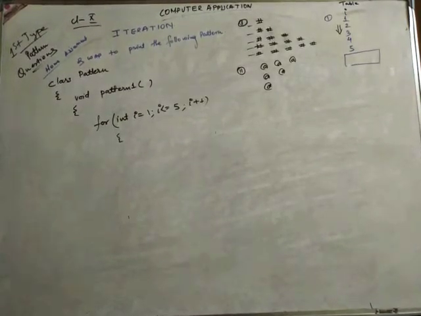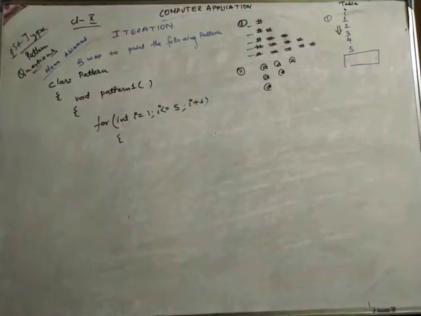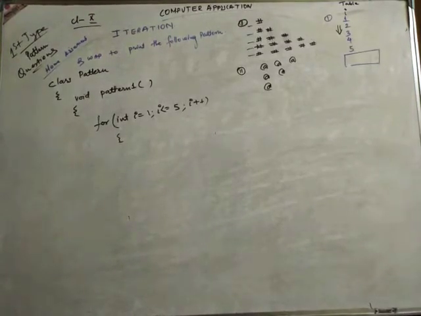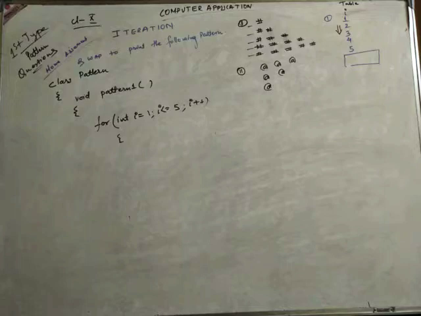Now for the J loop, inside this we have two loops. Remember, pattern questions have loops inside loops. Now, in the second loop, what do we write for the J loop? For that you see how many times I need to print. If I take the first value of I as 1, it means line number 1.